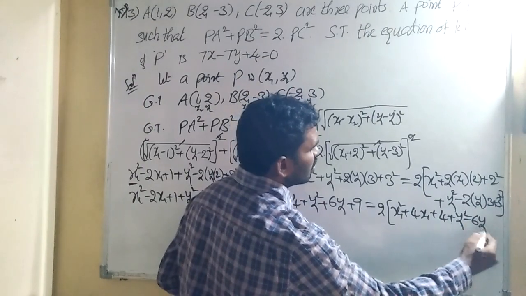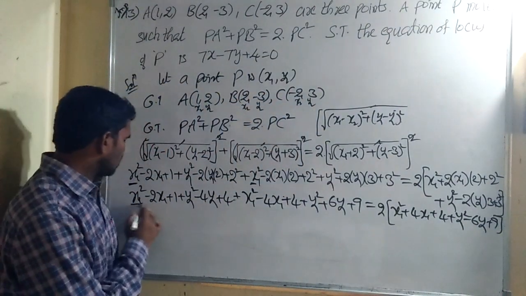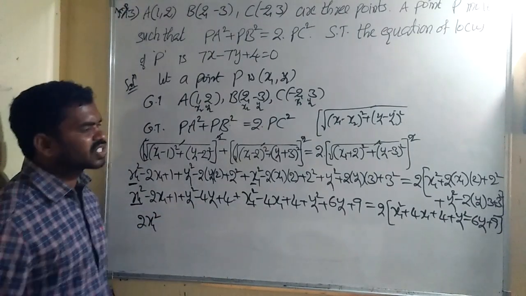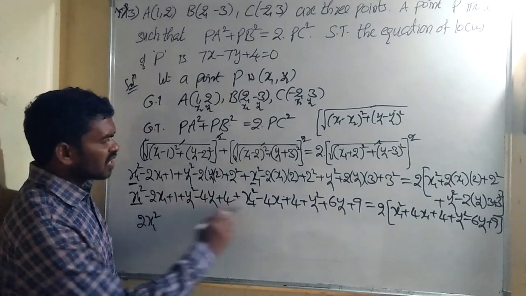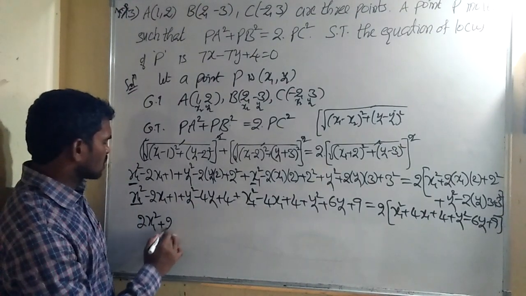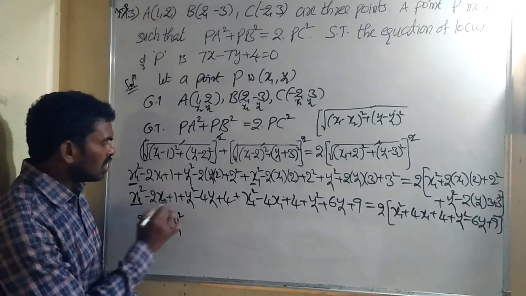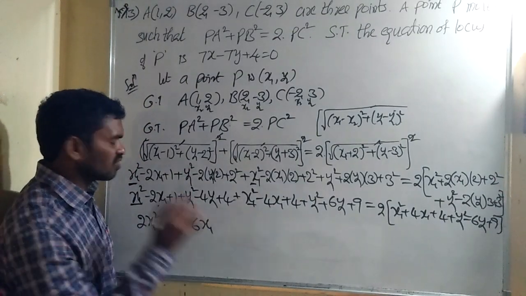And then simplifying: x1 square plus x1 square, how much? 2x1 square. Next y1 square terms, shall we see? y1 square plus y1 square, 2y1 square. Next x1 terms, here minus 2x1, here minus 4x1, so totally we have minus 6x1.